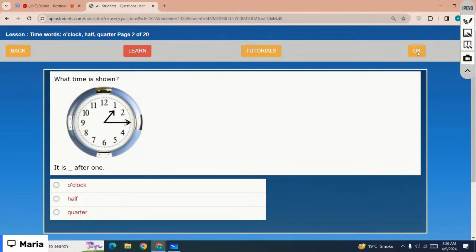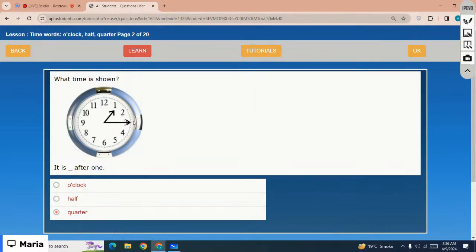The correct option is, the clock shows 1 hour and 15 minutes, isn't it? So you can say it is quarter after one. No, half hour means 30 minutes. 15 minutes always represents the quarter.